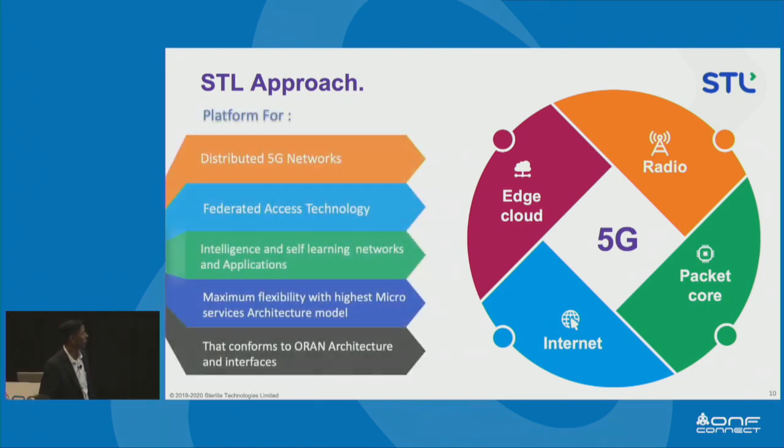And what we are trying to do is we are building a platform where the distributed 5G networks can be hosted. Multiple access technologies can be federated. When we talk about intelligence, all your observability through the different monitoring entities, those could be sensors or those could be IoT-based devices.